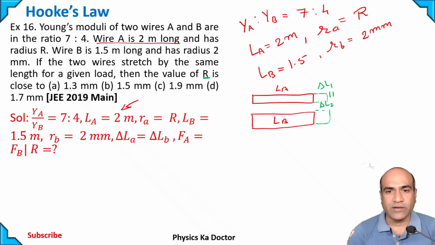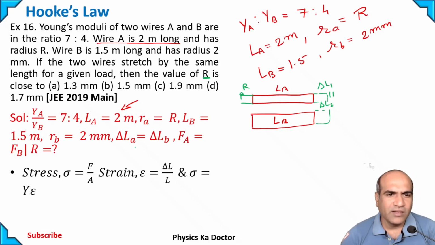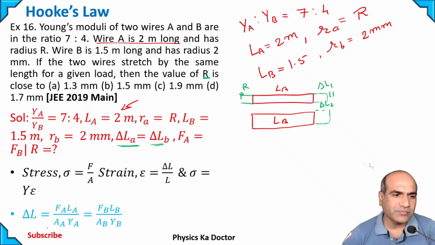Radius of the first wire. So we know our universal equation: stress sigma is equal to F by A, strain epsilon is delta L by L, and sigma is equal to Y times epsilon. So what is given here, we just need to play around this. Delta LA is equal to delta LB.